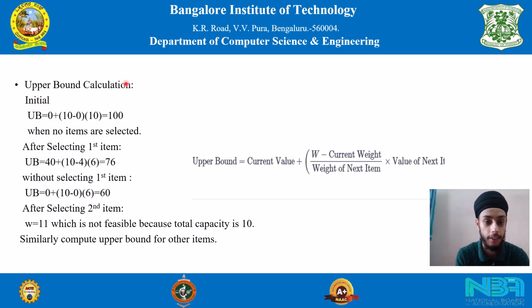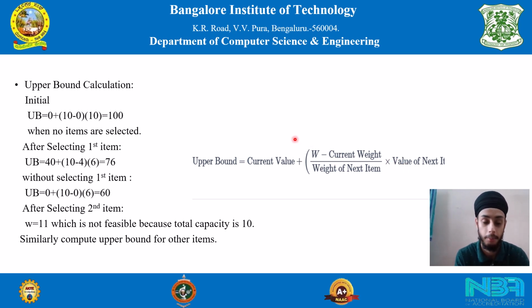So previously we calculated the ratios, profit by weight, and now we calculate the upper bound. This is the formula for finding the upper bound: current profit plus the capacity minus the current weight, times the profit of the next item divided by the weight of the next item.